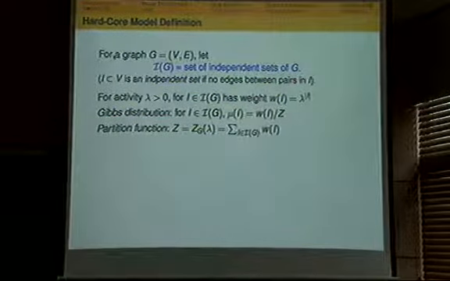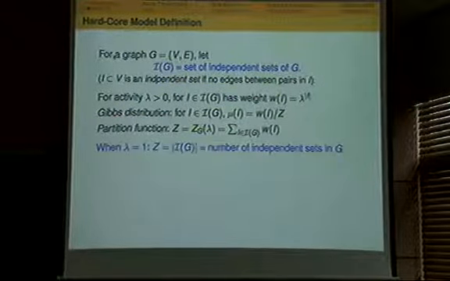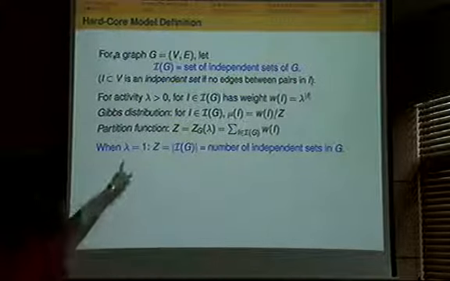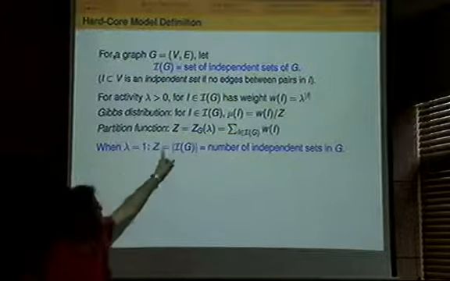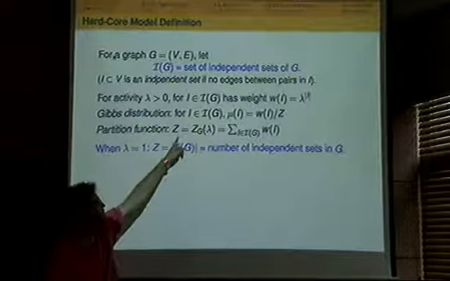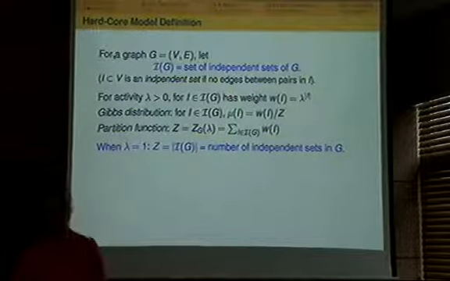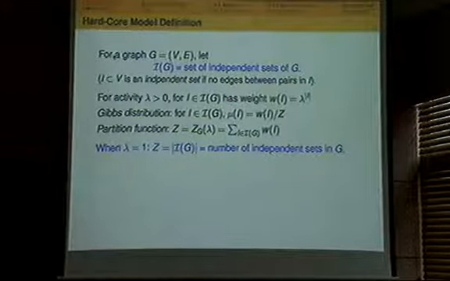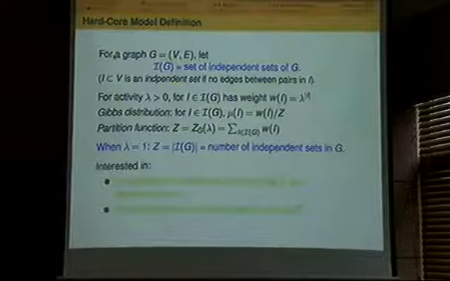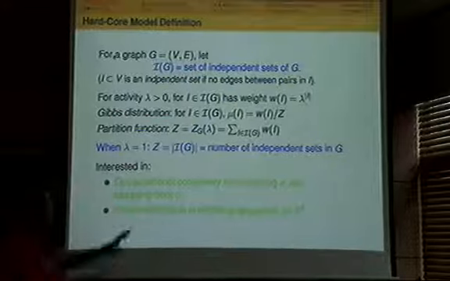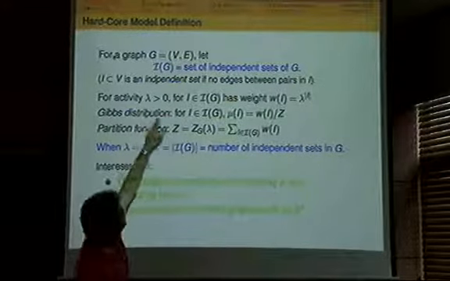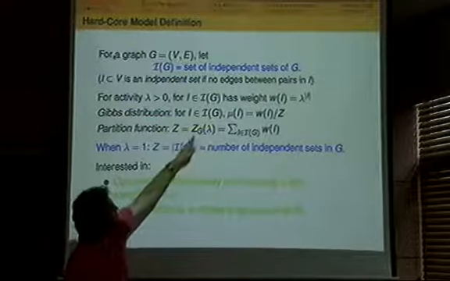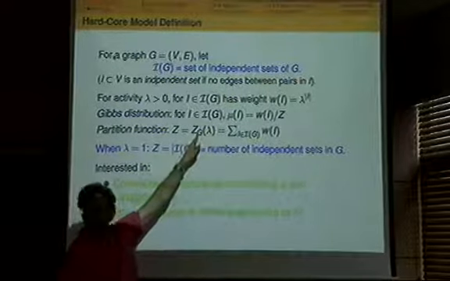Okay, so as I said before, when lambda is 1, this partition function is just the number of independent sets of the graph, okay? We're going to look at the complexity of sampling from this distribution or estimating this partition function.